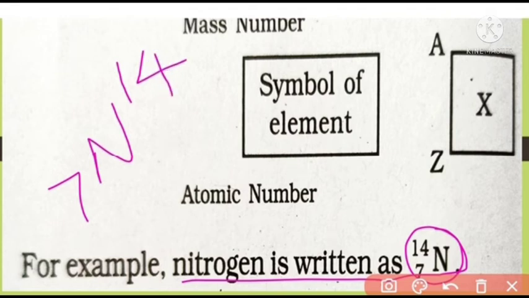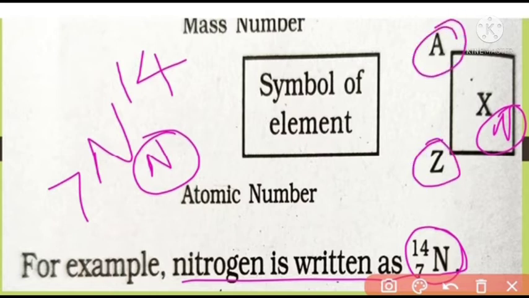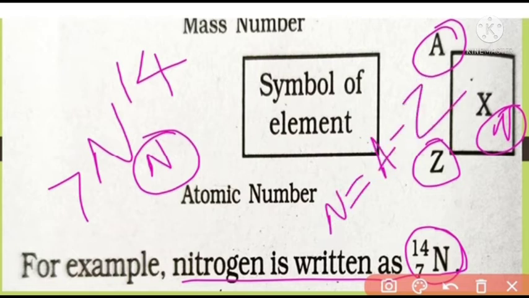The number of neutrons is represented in the right subscript of the element. The atomic number subtracted from the atomic mass gives the number of neutrons, so n is equal to A minus Z. For example, the nitrogen atom contains 7 neutrons.